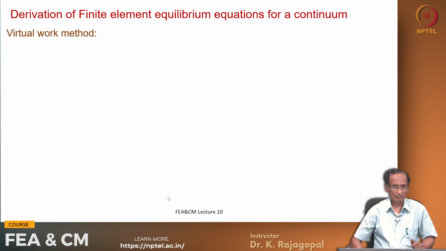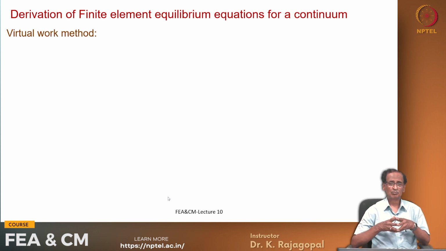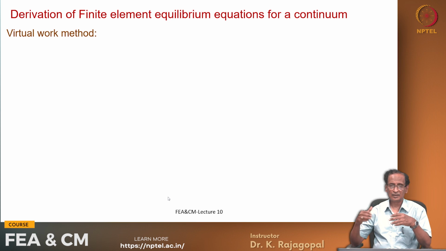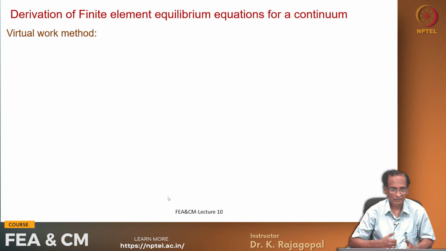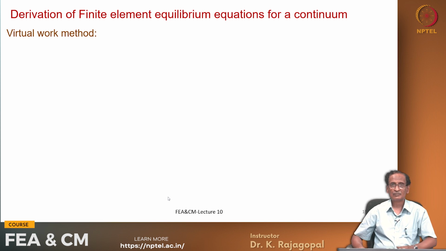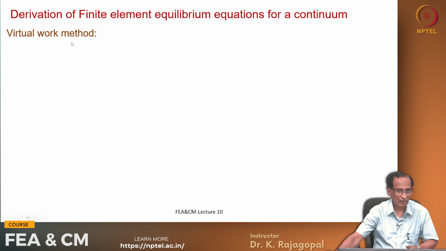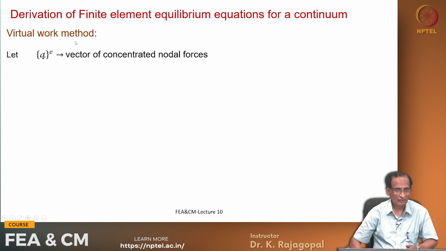And now, let us see how we can derive the equilibrium equation for a continuum, because this is what we require so that we can do all the computations, and we are going to follow the virtual work method.